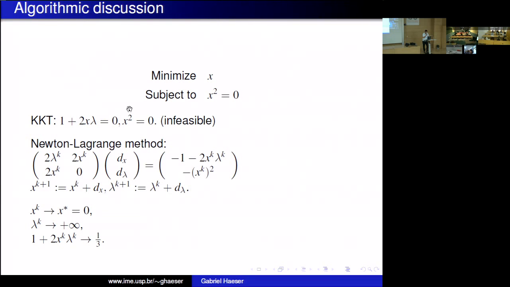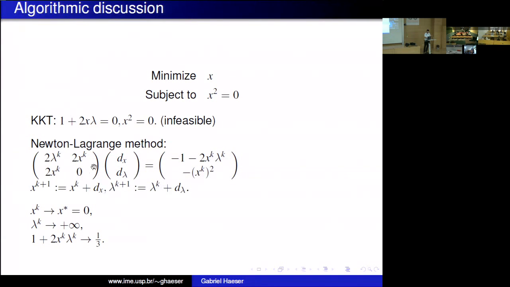So it's a system of two nonlinear equality constraints with two variables. I can compute the Newton direction. So for the Newton direction, I simply compute the matrix of derivatives, with respect to x and lambda. I get this matrix.